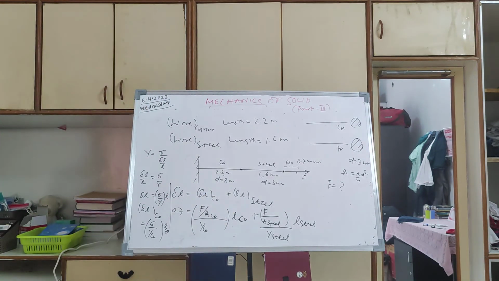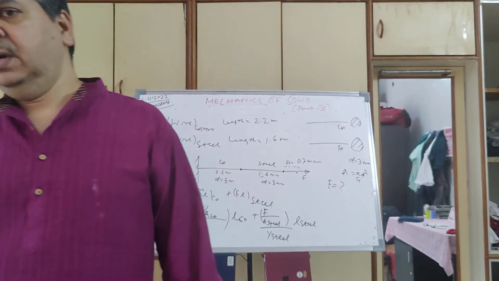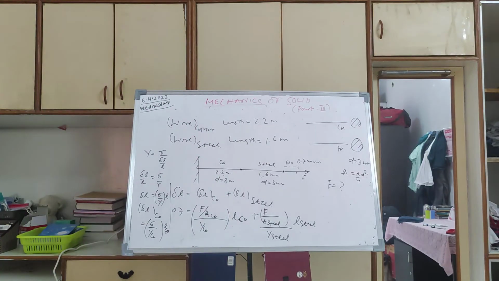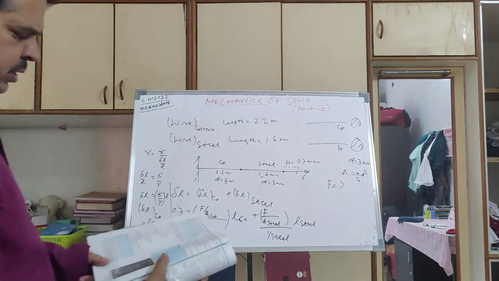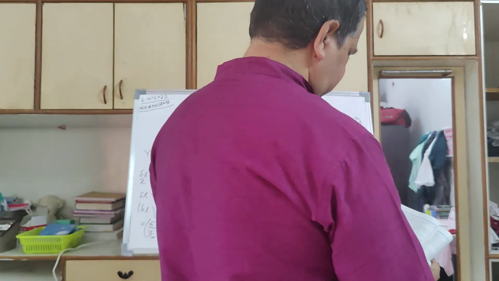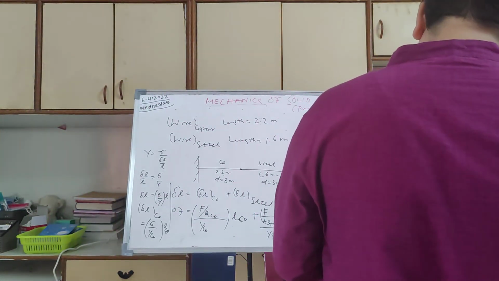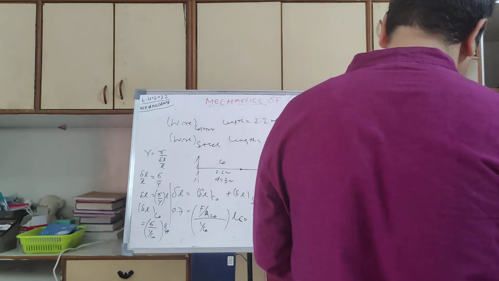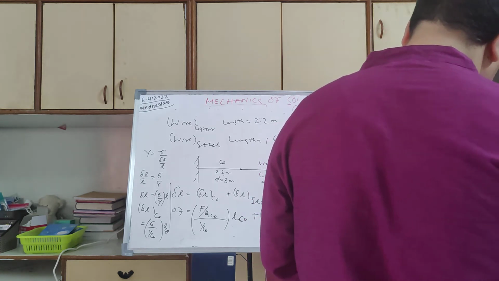If you want mm, make everything mm; if you want meter, make everything meter. This is one equation, one unknown, so you can solve it and find the force. Solve it and show it to me.